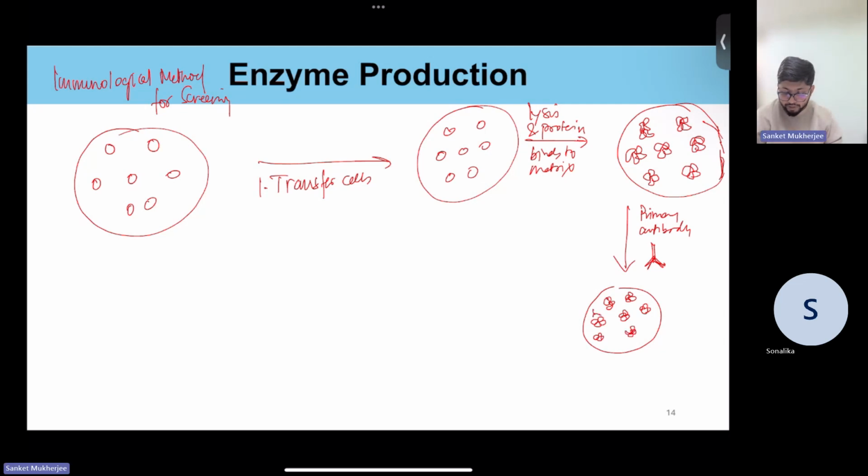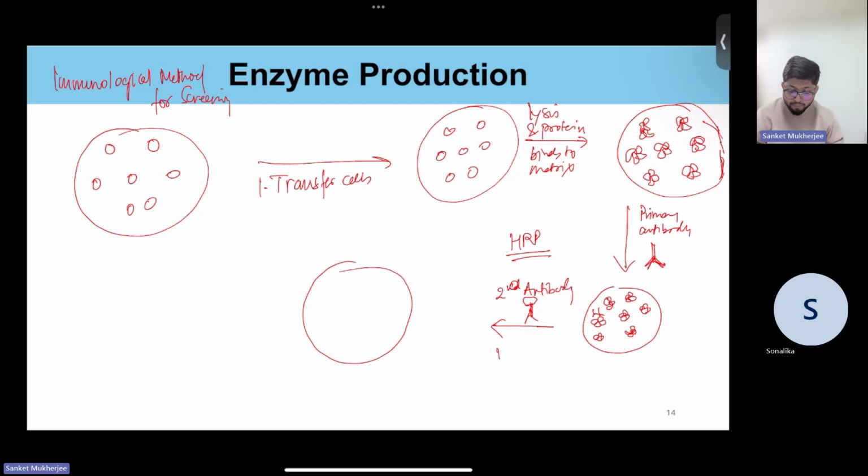Here your antibody binds, right? After this, you give a secondary antibody. This antibody usually has a label, like a horseradish peroxidase HRP label, or any kind of label so that you can easily detect it. And it binds to your primary antibody.